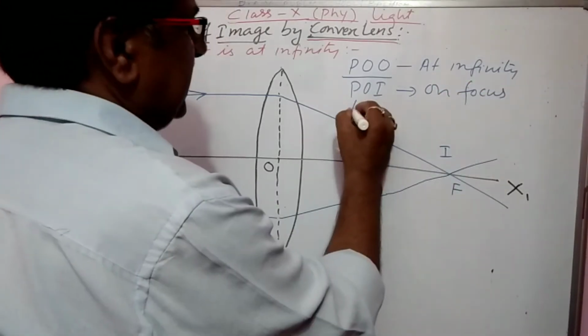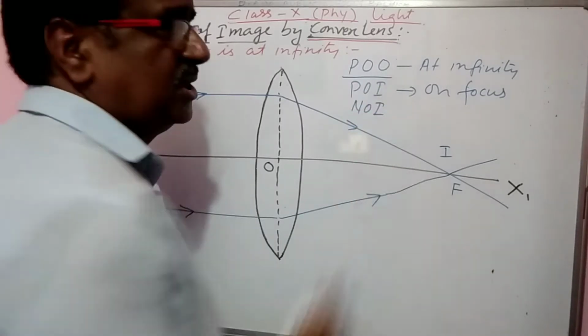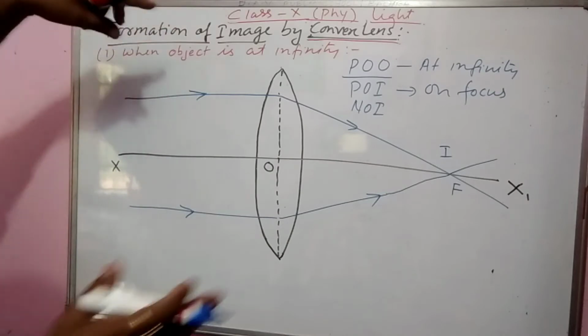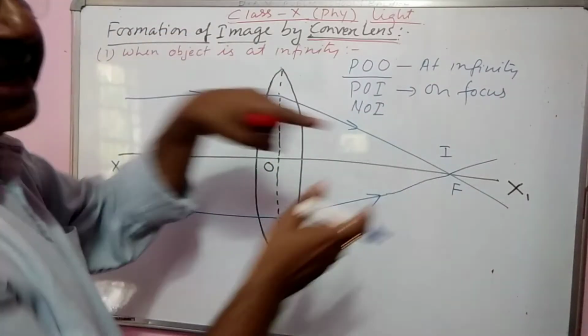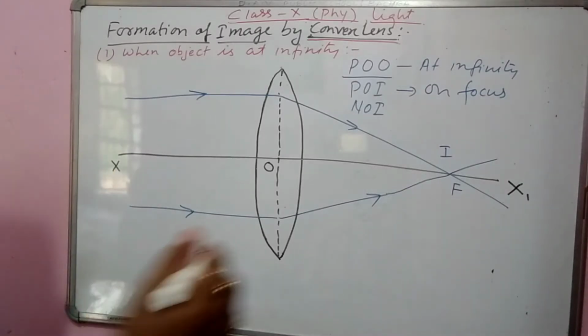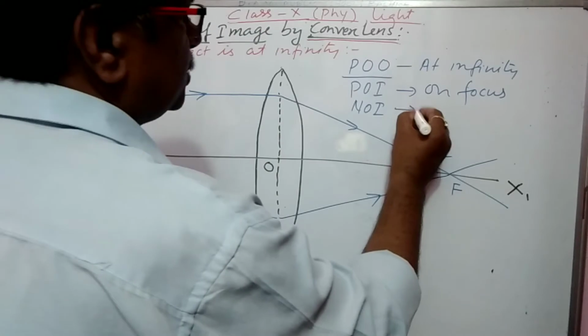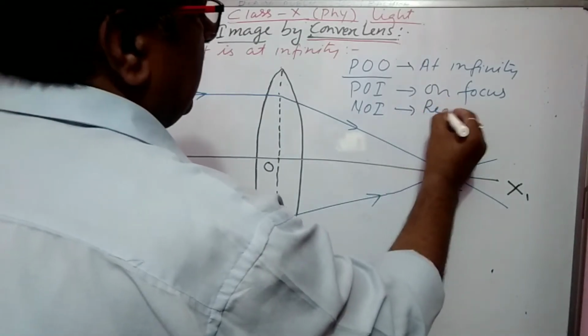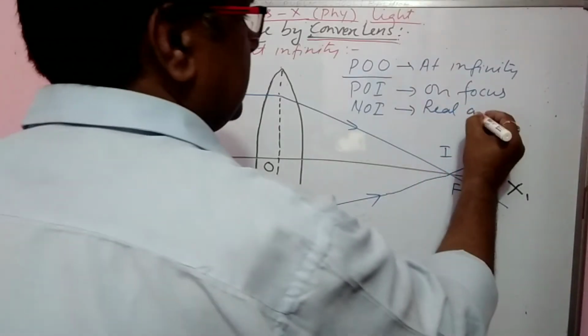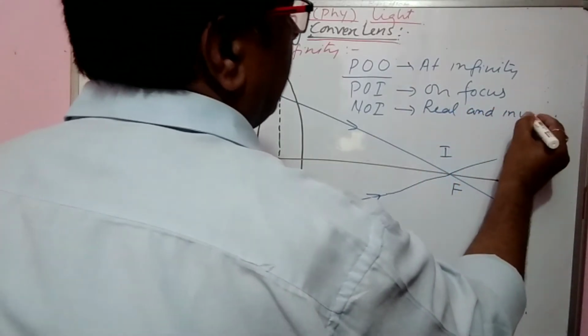So what is the nature of the image? Nature of image: you can see the image is formed due to the actual meeting of the refracted rays. If there is actual meeting of the light rays, then the image will be real. So the image will be real, and a real image is always inverted. So we can write here real and inverted.